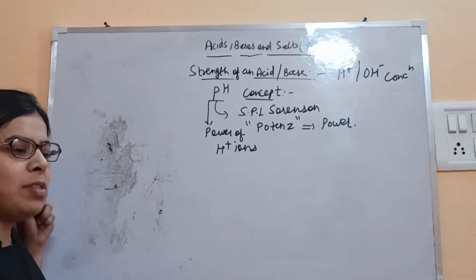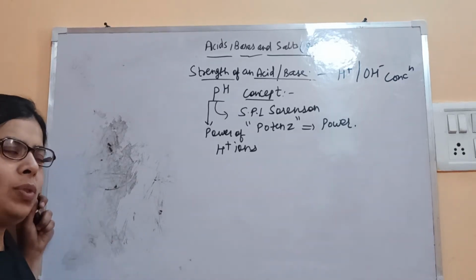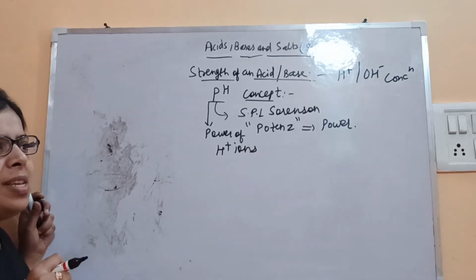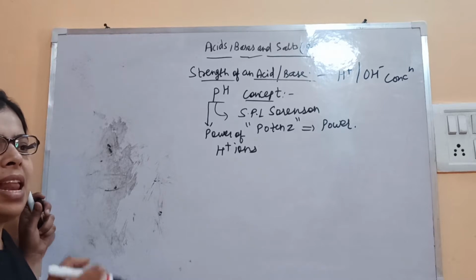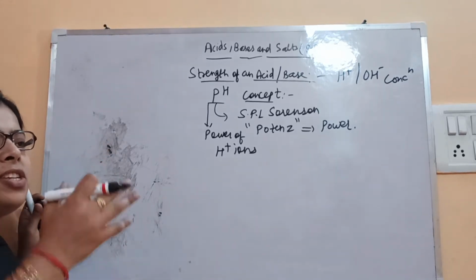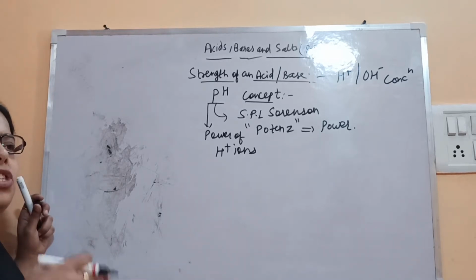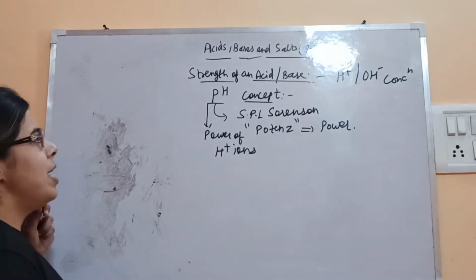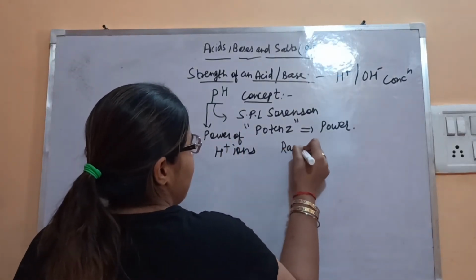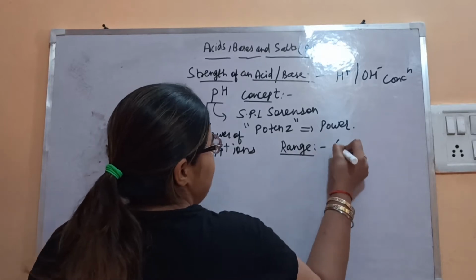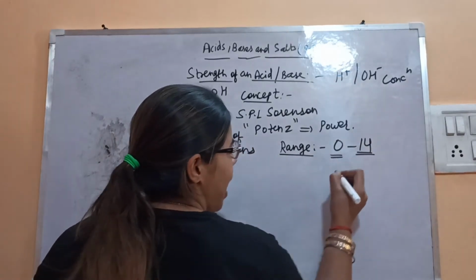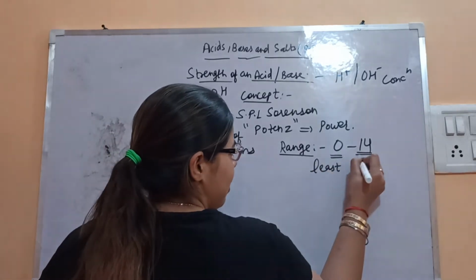It means in terms of H plus ion we'll come to know whether it's a strong acid or a weak acid. So he has introduced the scale. Like we are having a scale of 1 to 15 centimeters, this also has a scale that tells if the pH is 1, then what is the nature of the substance, pH is 2, 3, 4 and so on. The range of that scale is 0 to 14, where this is the least and this is the highest.